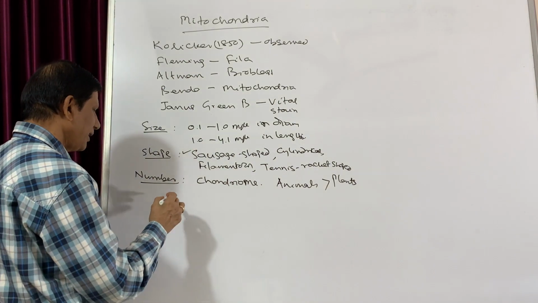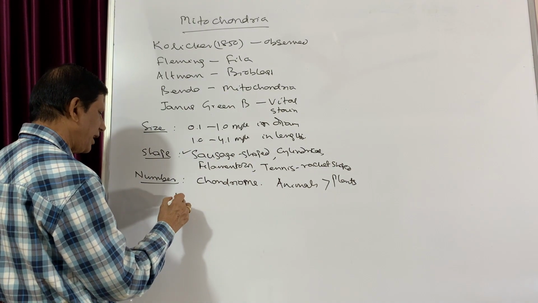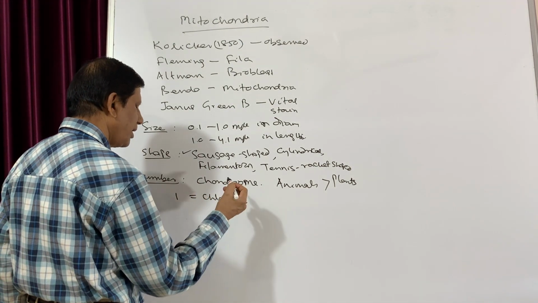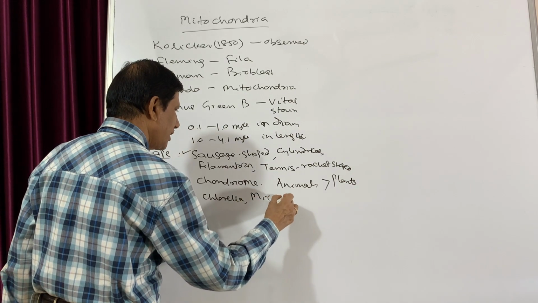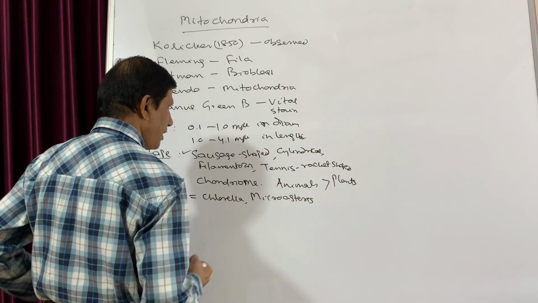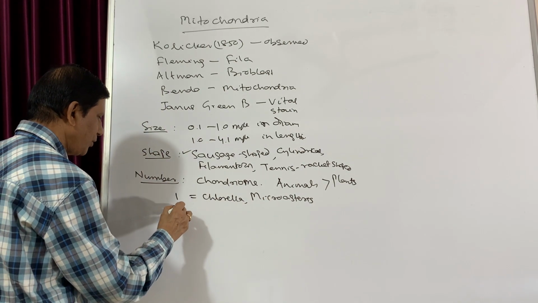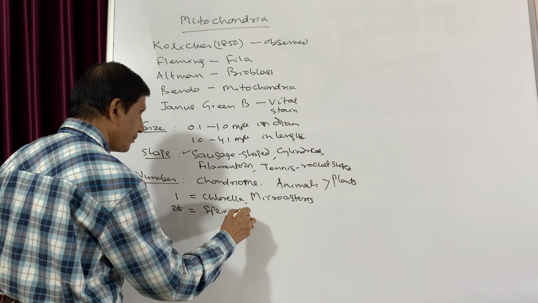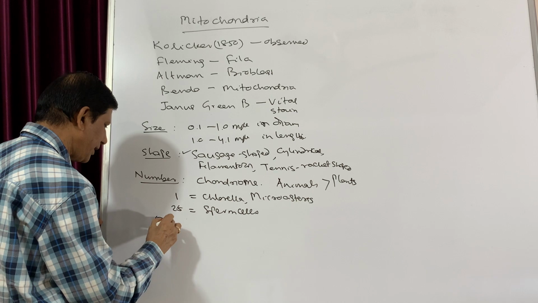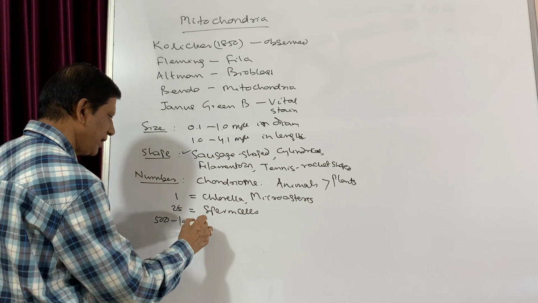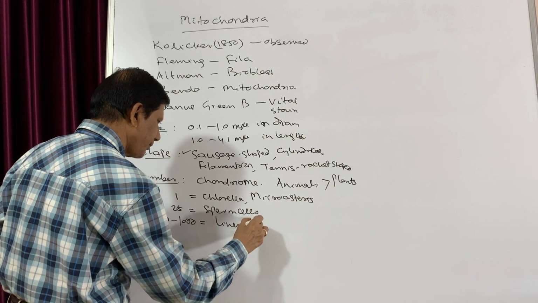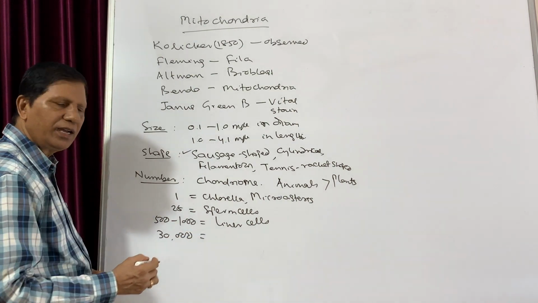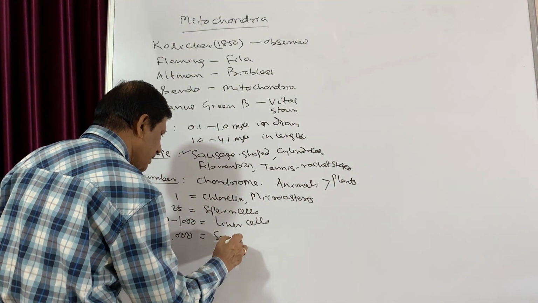Now what is the number? There is only a single mitochondrion per cell in the case of Chlorella and also Microasterias. There are around 25 mitochondria in sperm cells, around 500 to 1000 per cell in liver cells, and around 30,000 per cell in some oocytes.